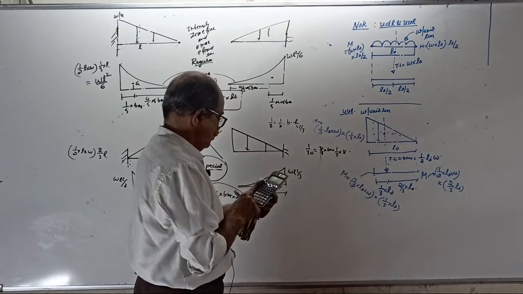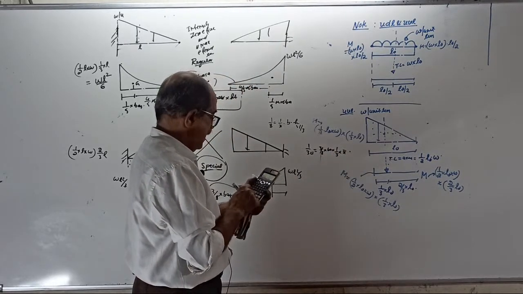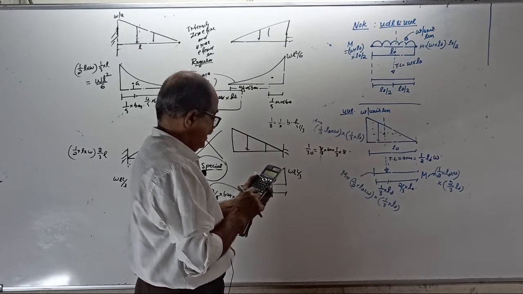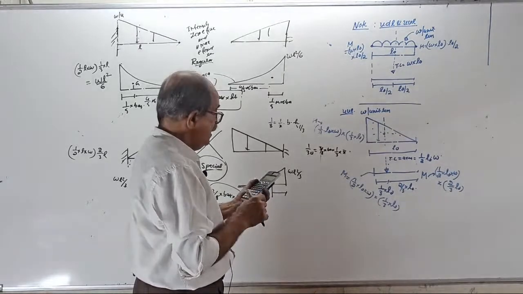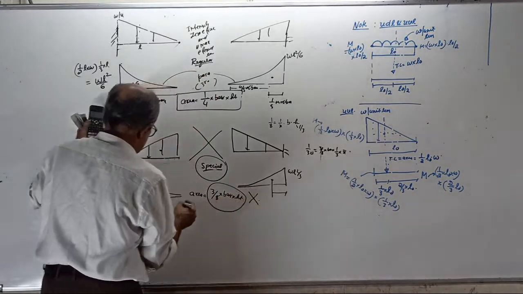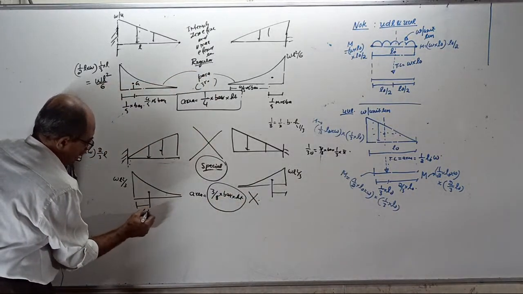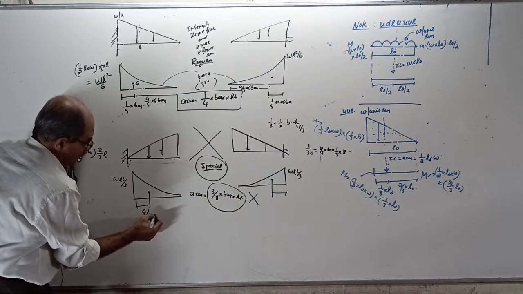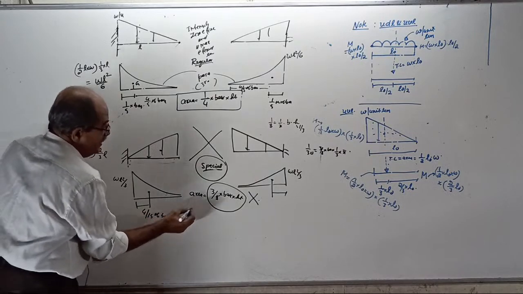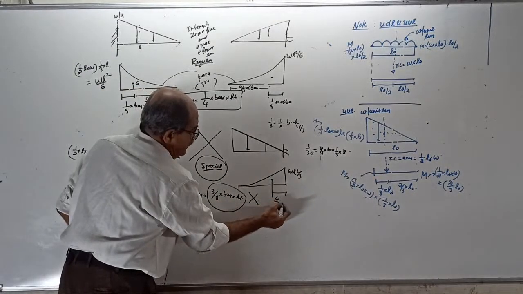X bar equals 1 by 30 into 8 divided by 3 into 3. It will be 4 by 15. But it is advisable not to go for it. This is 4 by 15 of base.